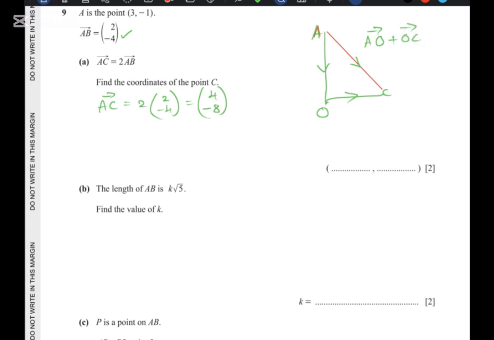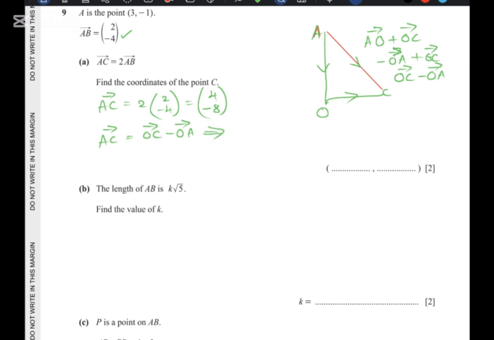Now AO is the reverse of OA, so minus OA plus OC. So this can be written as OC minus OA. So AC is equal to OC minus OA.